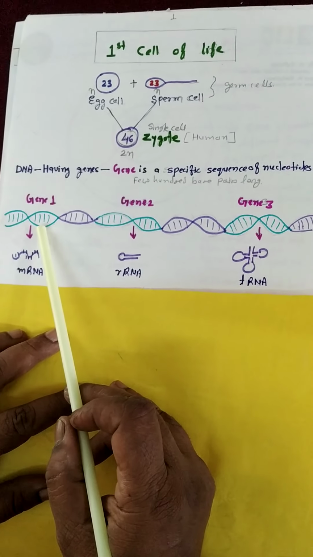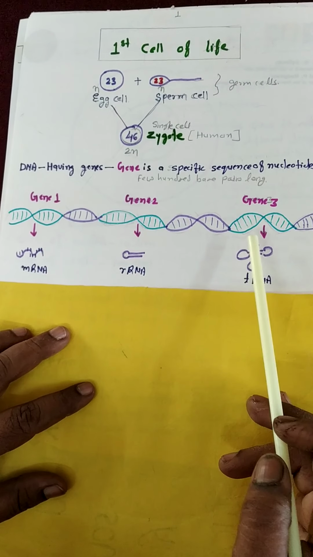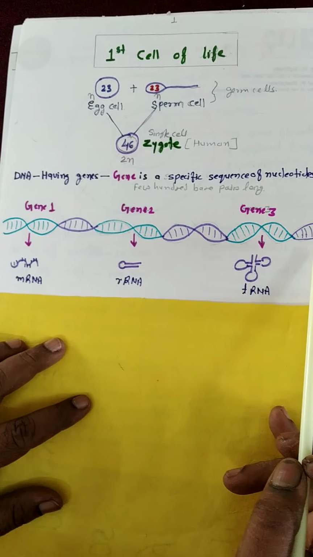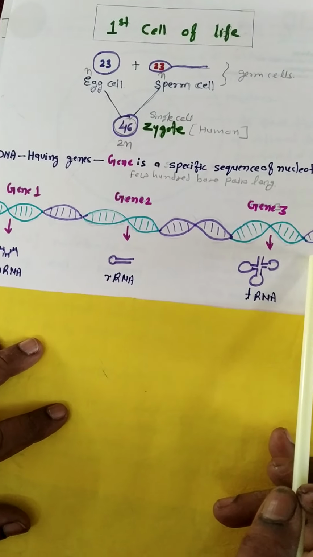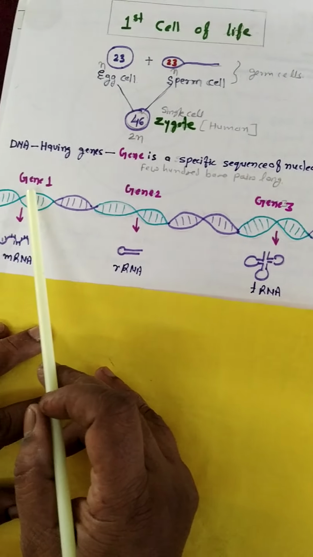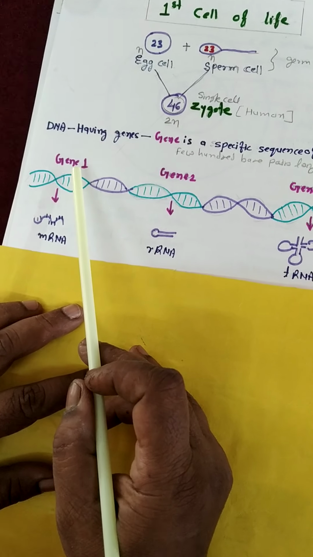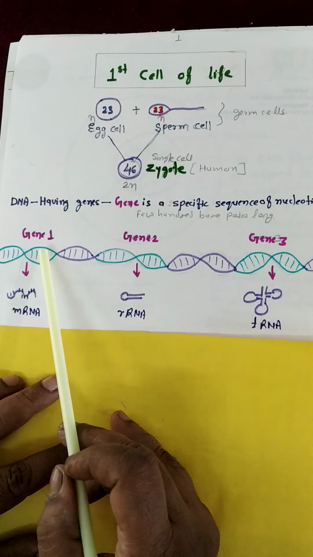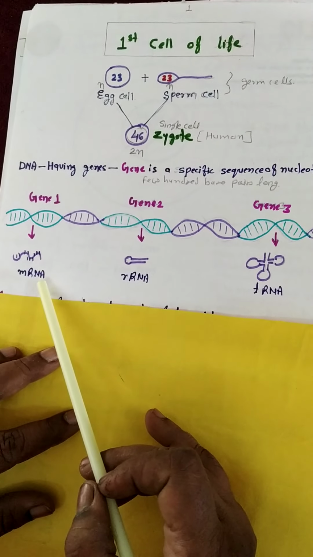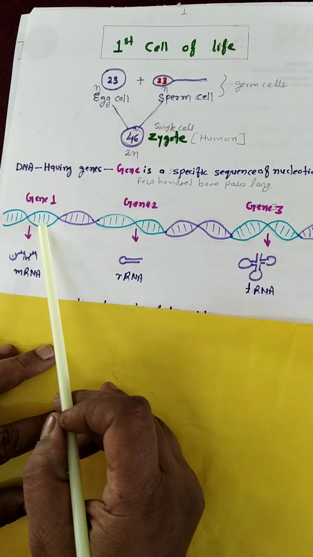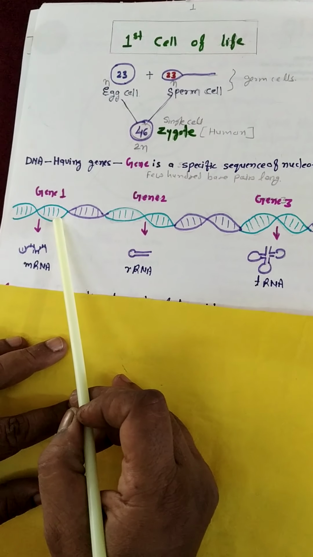The whole DNA molecule does not have genes, but some specific regions, some segments on DNA, act as a gene because this gene contains the coded sequence of nucleotides. For example, this gene has a coding instruction. Code means instruction on what to produce.